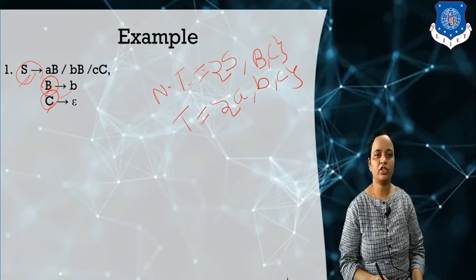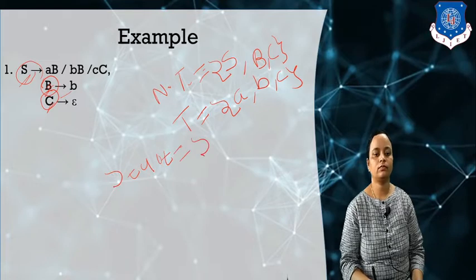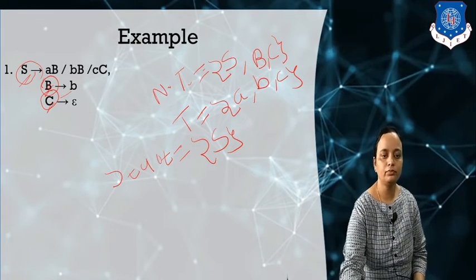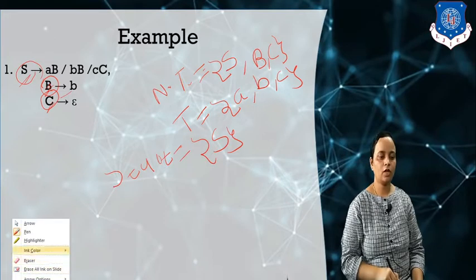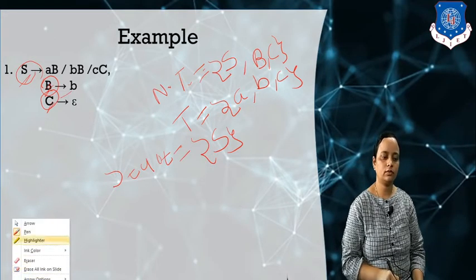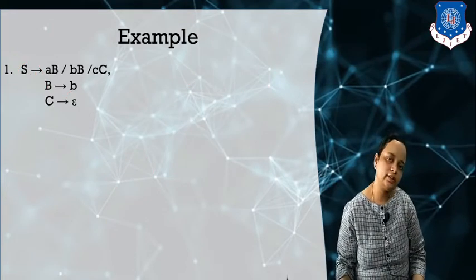Now what is the start symbol? The left-hand side of the first production which contains non-terminals is called our start symbol. So for this grammar, the start symbol is S. Now in this example, I want to generate strings.